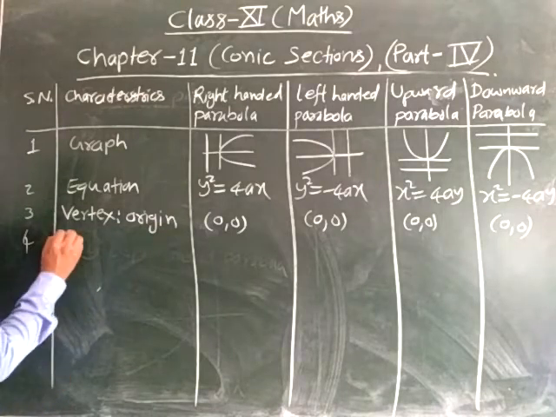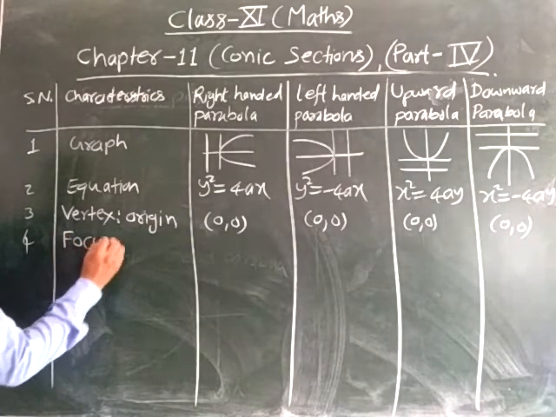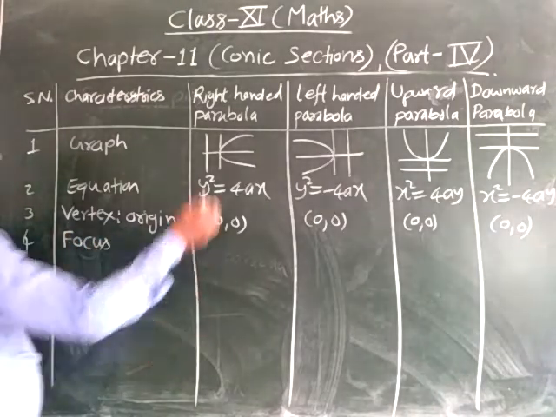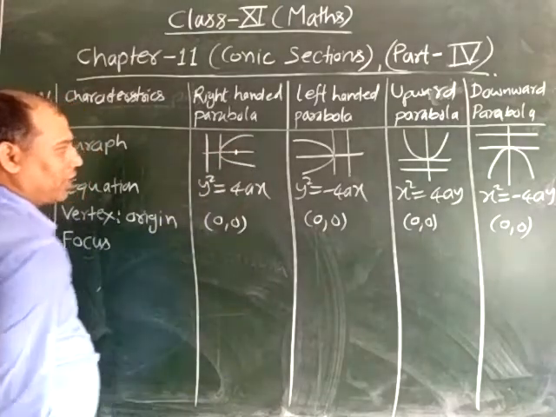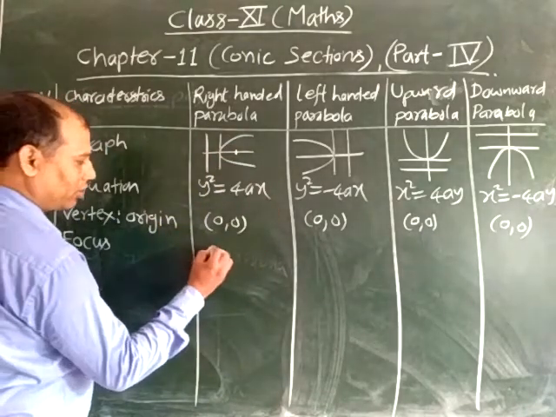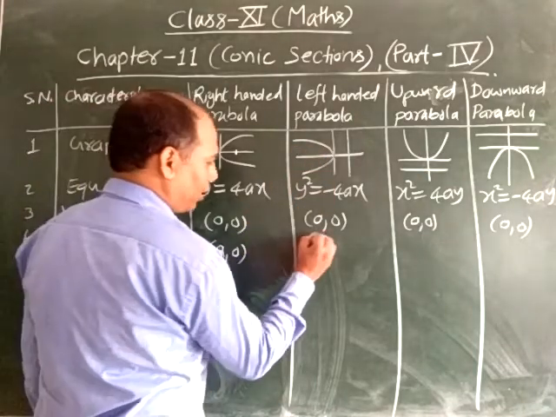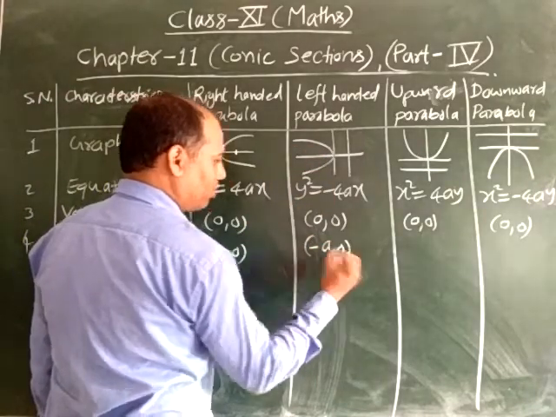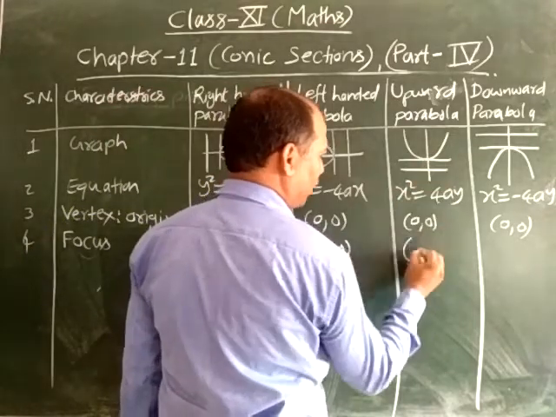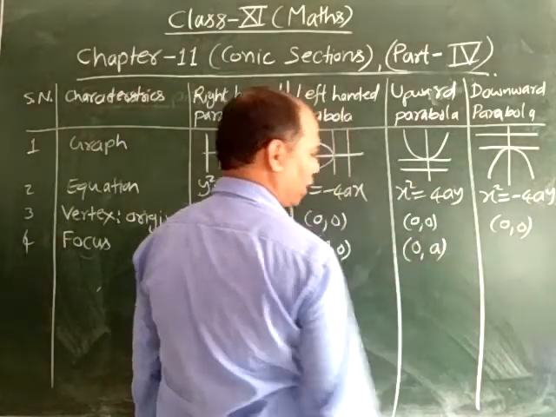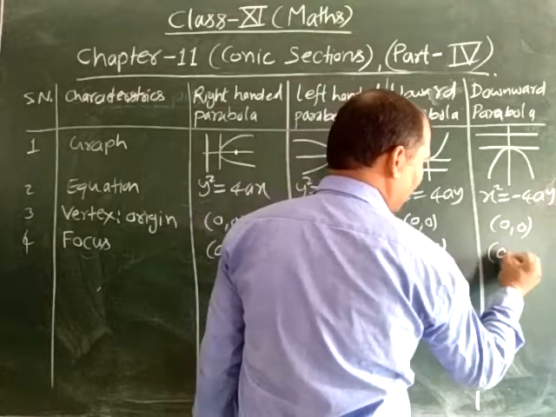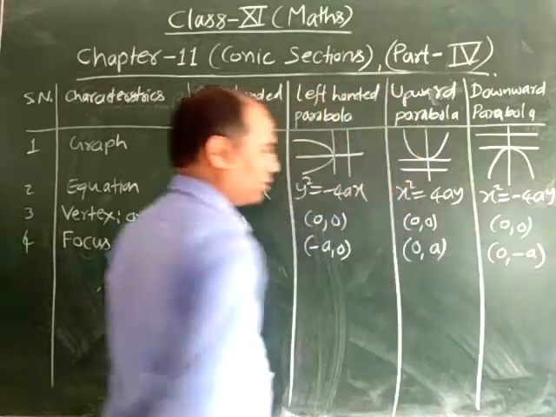Next, focus. The focus lies on the x-axis to the right side of the origin, having the coordinates a comma 0, and in this one minus a comma 0. In these, the focus lies on the y-axis, so the coordinates become 0 comma a and 0 comma minus a.